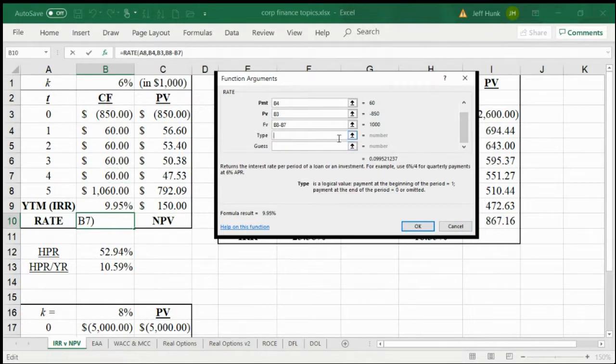And type means either ordinary or annuity due. Now, from Finance 100, I hope you still remember the difference between ordinary annuity and annuity due. Ordinary annuity is the case where you make the deposit or payment at the end of each period, right?